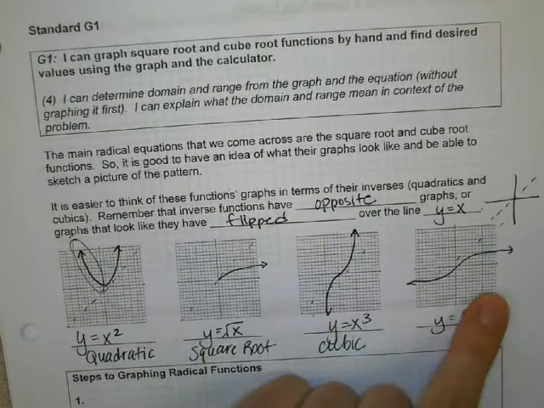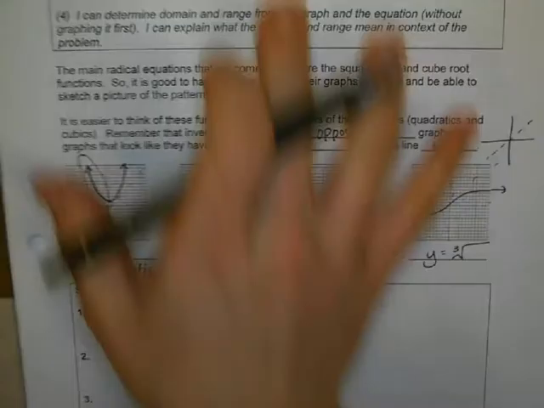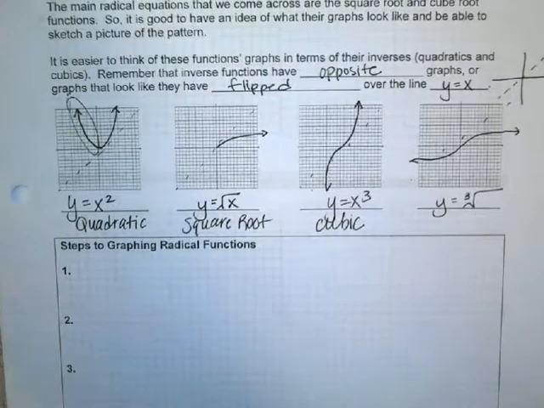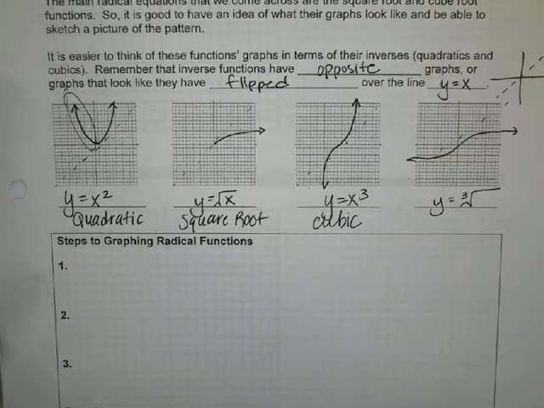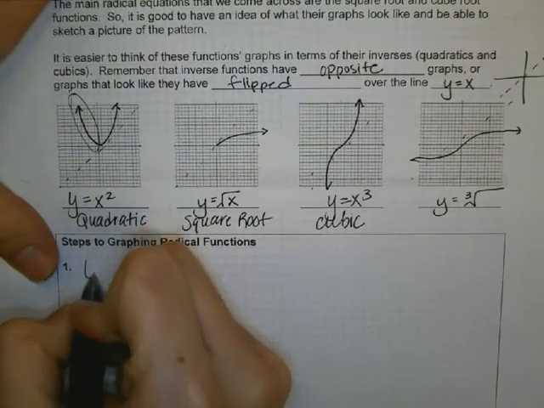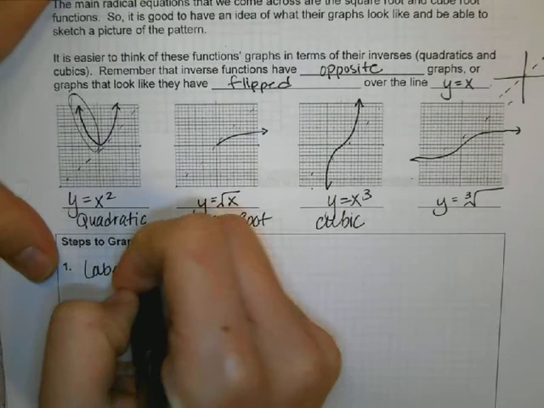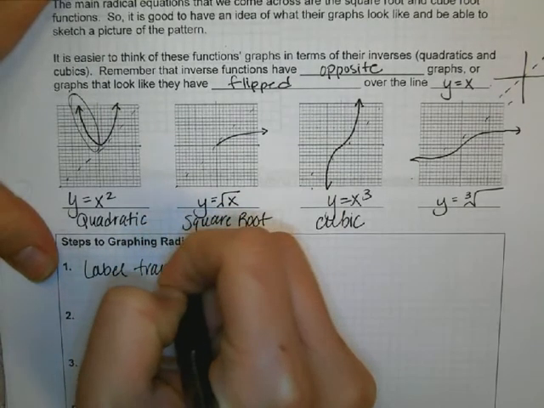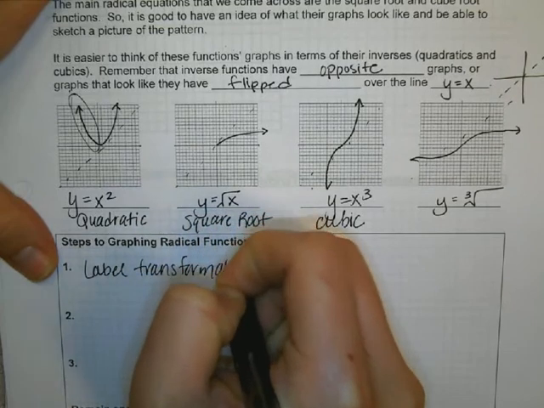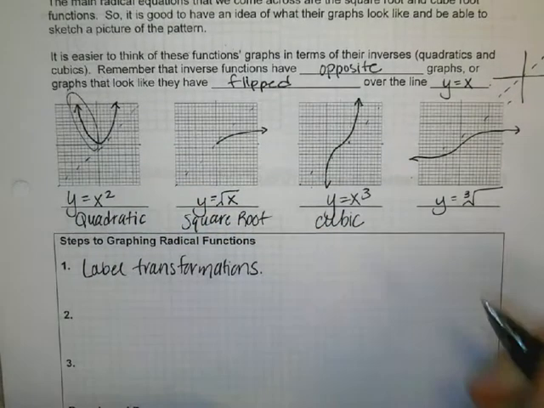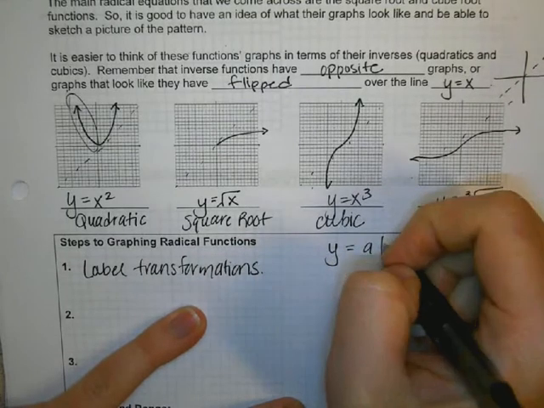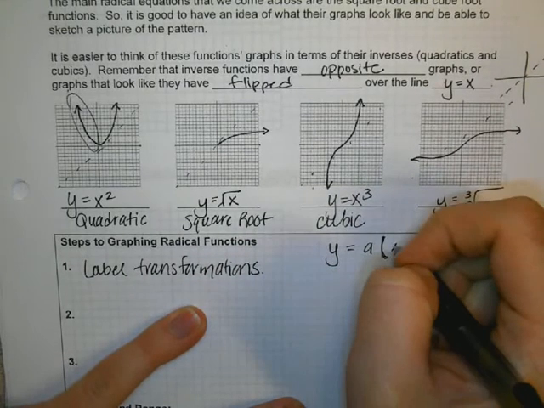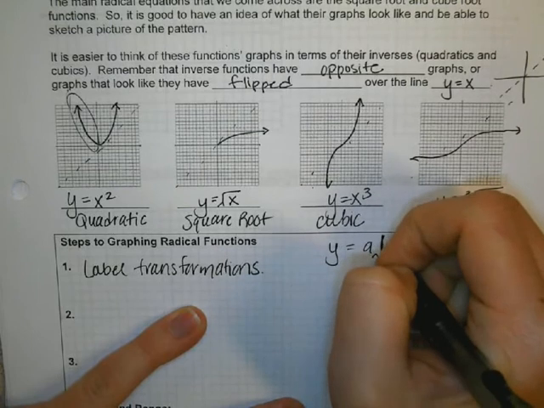So steps to graphing radical functions, and we just deal with square root functions and cube root functions because they're the most common. We're going to start by labeling the transformations. Okay, so your two functions are going to look very similar.